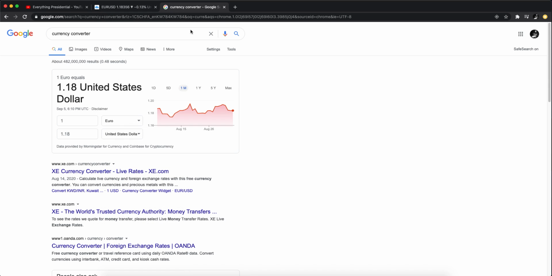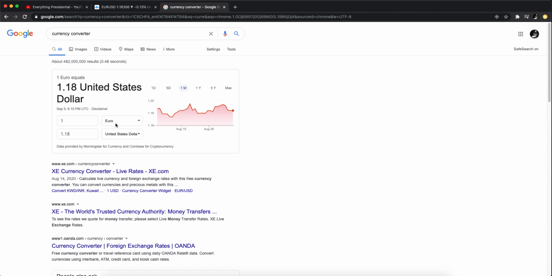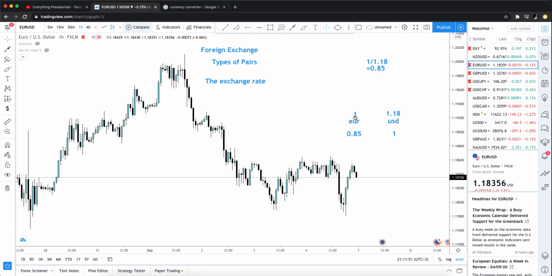So I am giving the exchange party 1.18 US dollar to get 1 euro. As you guys can see, 1.18 United States dollar to get 1 euro. So for 1 euro, I'm selling 1.18 to get 1.